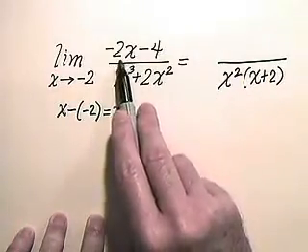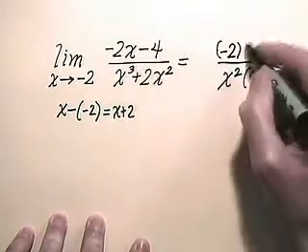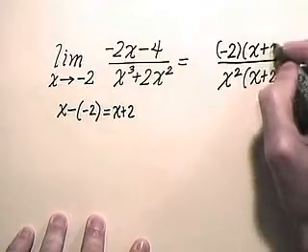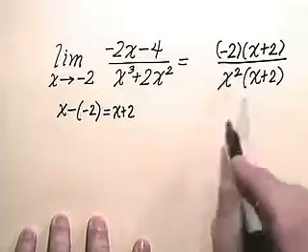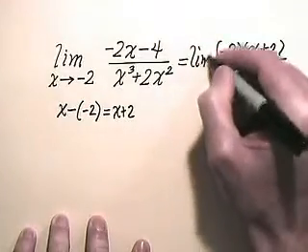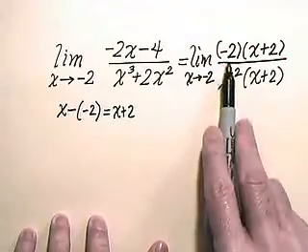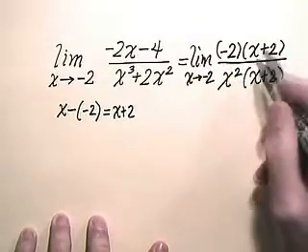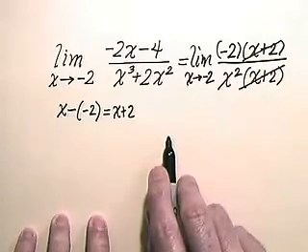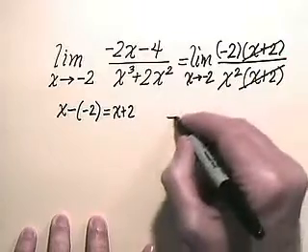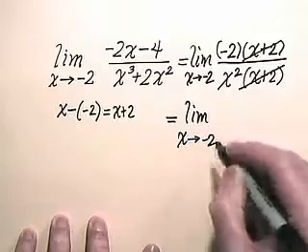And so that's what we want to take the limit of as x approaches -2. So far, all I've done is an algebraic rearrangement, but next what I'm going to do is cancel the x plus 2's, the common factors. And so finally then, by algebraic rearrangement, we've simplified our limit to just being the limit as x approaches -2 of the quantity -2 over x squared.